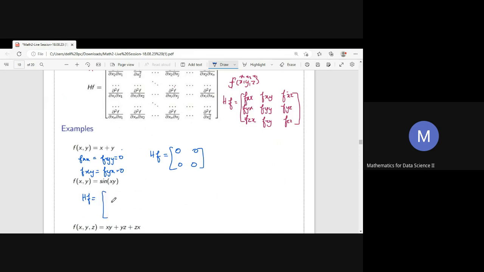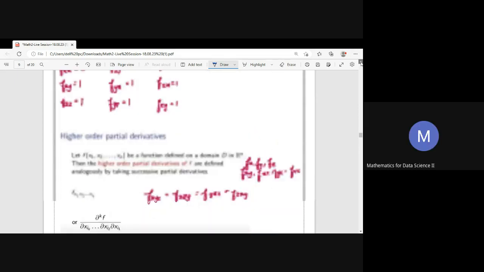So Hf is equal to fxx, fxy, fyx, and fyy, which is minus y squared sine xy, cos xy minus xy sine xy, the same cos xy minus xy sine xy, and minus x squared sine xy. Since I have already solved these problems, I am not repeating it here.